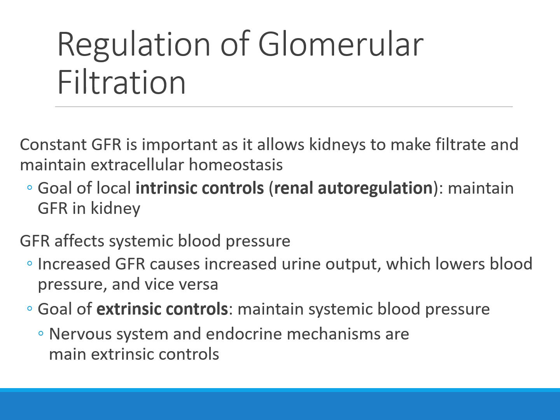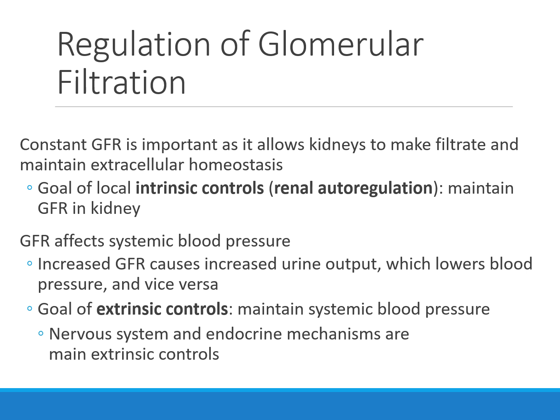A constant GFR is important. It allows the kidneys to make filtrate and maintain extracellular homeostasis. So this is the goal of the local intrinsic controls at the kidney itself, what they call renal autoregulation. Its job is to maintain the GFR at the kidney. So your GFR affects systemic blood pressure.